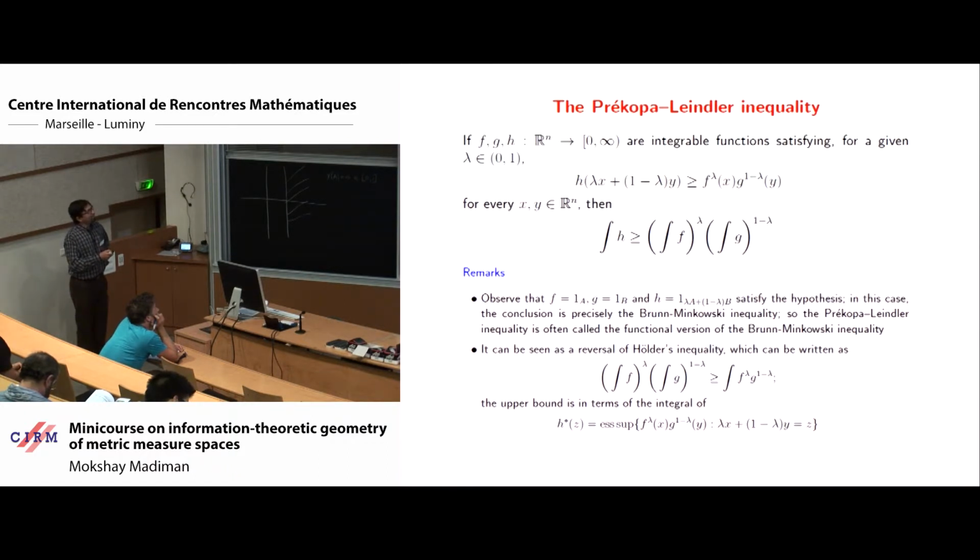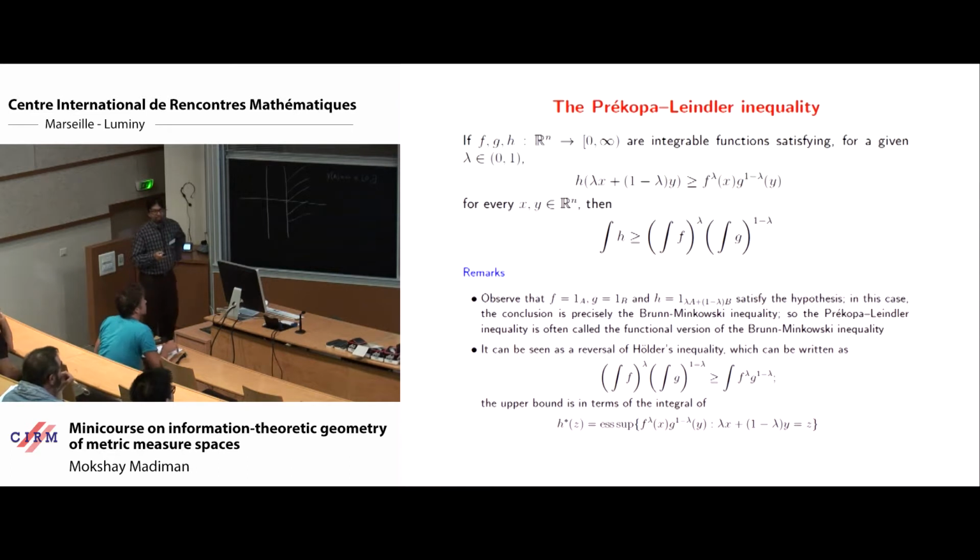If f, g, and h are non-negative functions on Rn which are integrable, and for a given lambda between 0 and 1, they satisfy this condition that h of a convex combination of two points is at least the geometric mean of the values of f at the first point and g at the second point, then the integral of h over Rn with respect to Lebesgue measure is at least the geometric mean of the integrals of f and g.